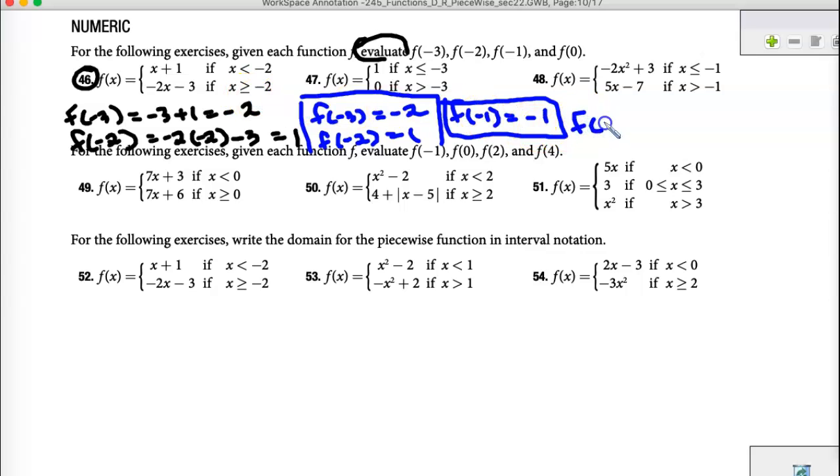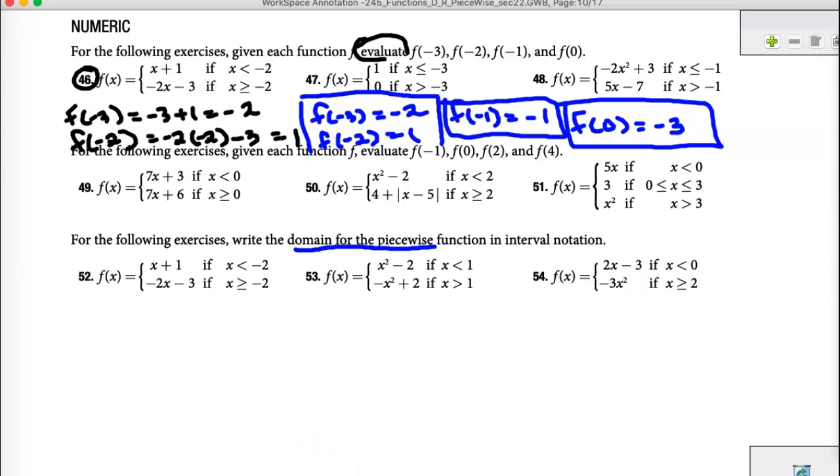So f of 0 is going to be -3. And that would change, right, depending on how the piecewise function is. So then you have evaluating piecewise functions, and then find the domain for the piecewise function.